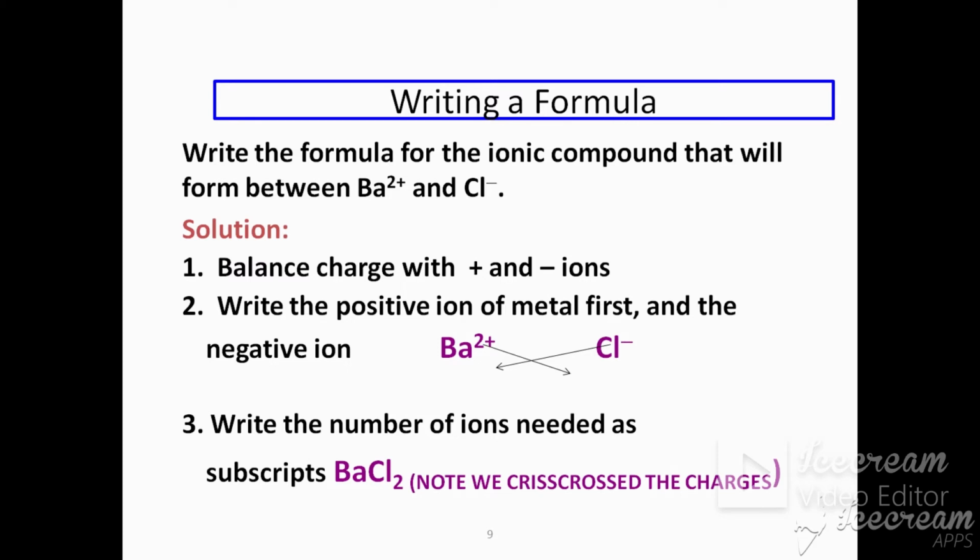Here in Ba and Cl we do crisscross for 2 plus and minus. Write the number of ions needed as subscripts. BaCl2. Note, we crisscrossed the charges.